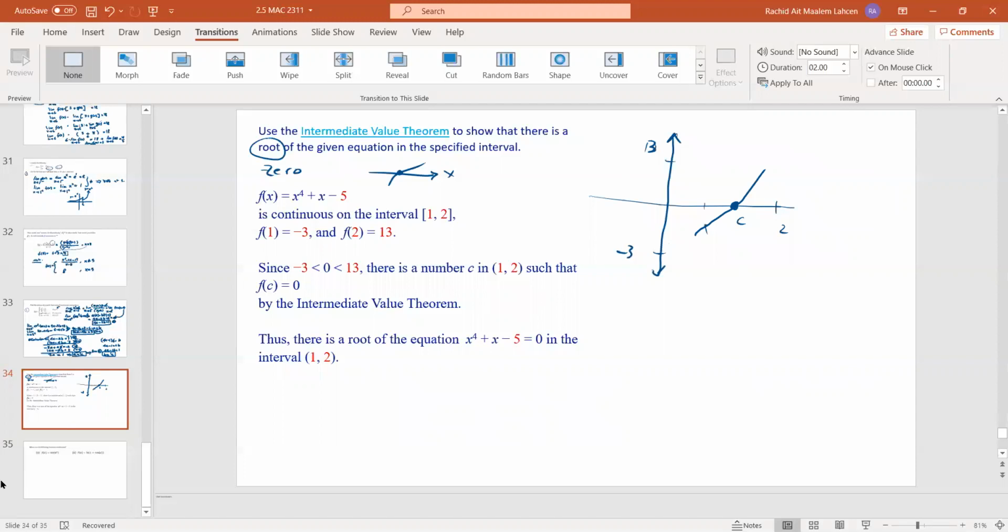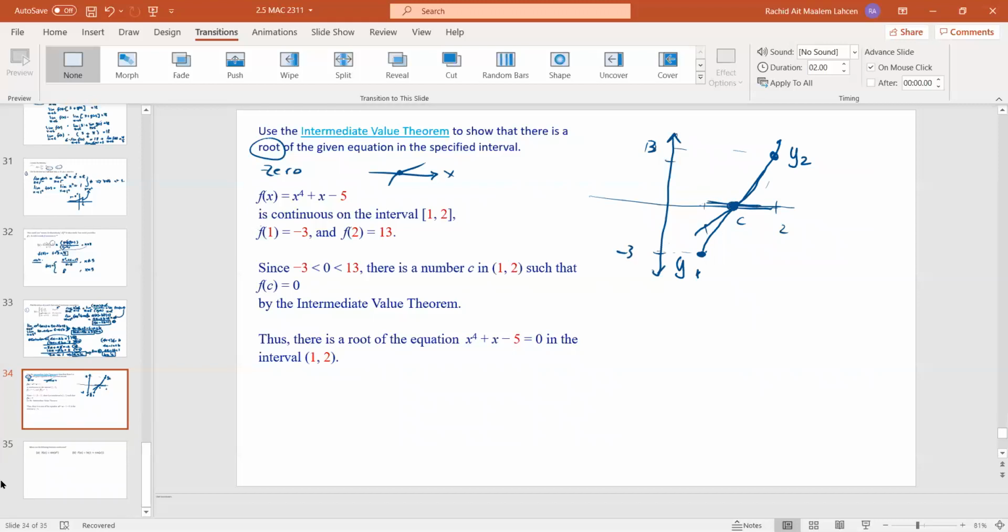If f of 1 is negative, so the y value at 1 is negative, and f of 2 is positive, the y value at 2 is positive, there is no way this is going to go from negative to positive without crossing the x-axis.